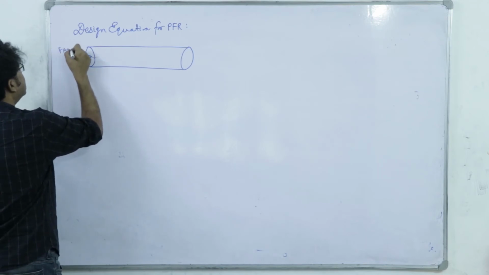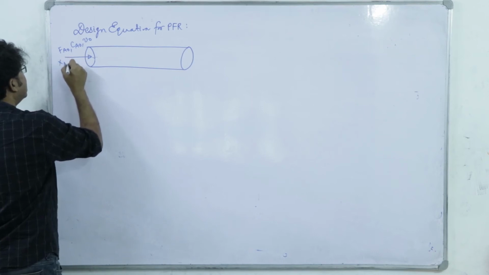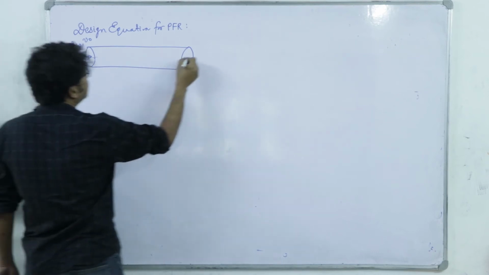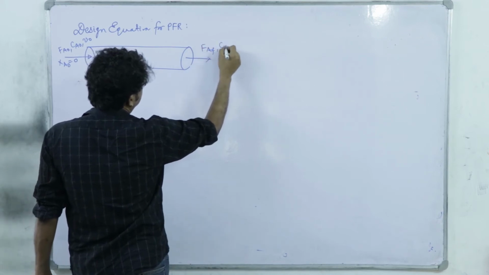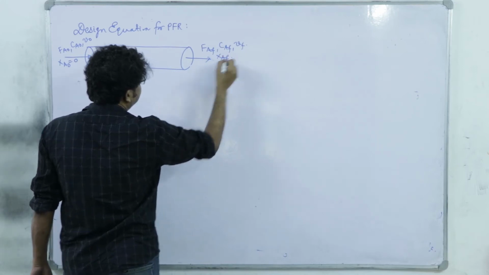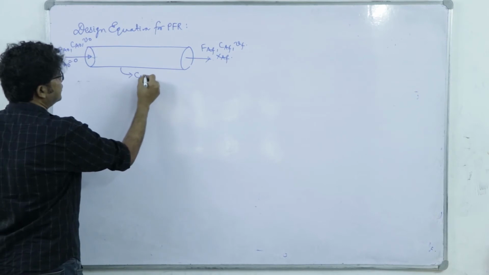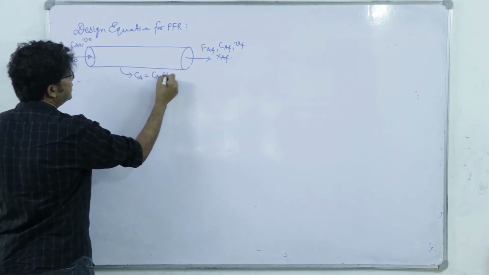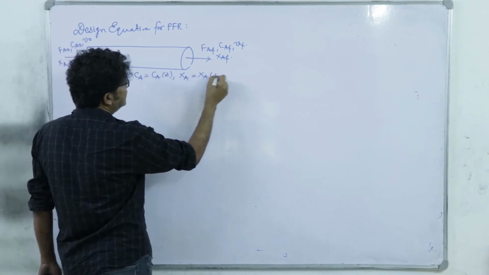At the inlet we have FA naught, Ca naught, V naught, Xa naught equal to 0. And at the outlet we have FAF, CAF, VF, XAF. Now you see that concentration is a function of Z, Xa is also a function of Z.